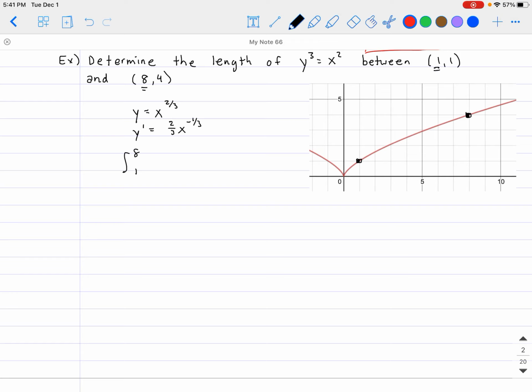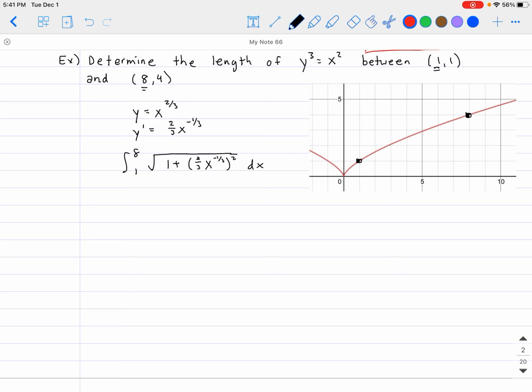That's where I got that from. And then we have the square root of 1 plus, in parentheses, 2/3 times x to the power of negative 1/3, squared, dx.